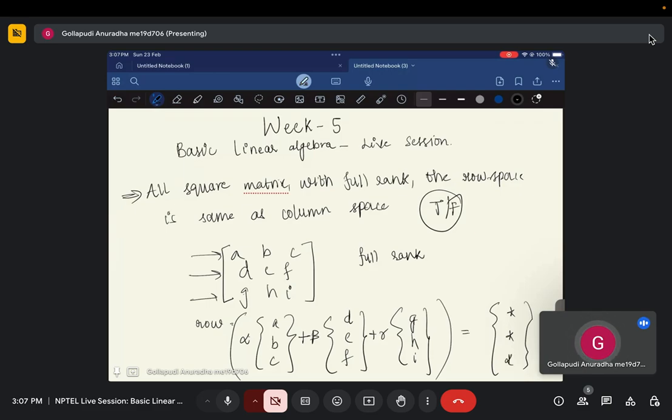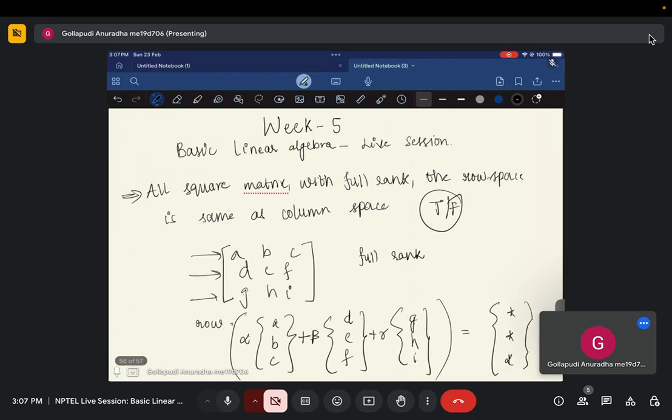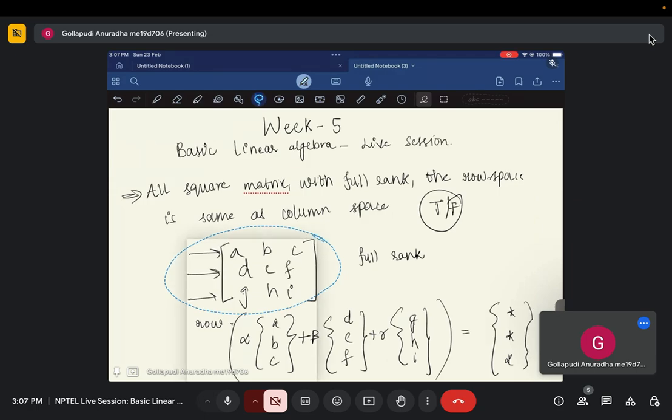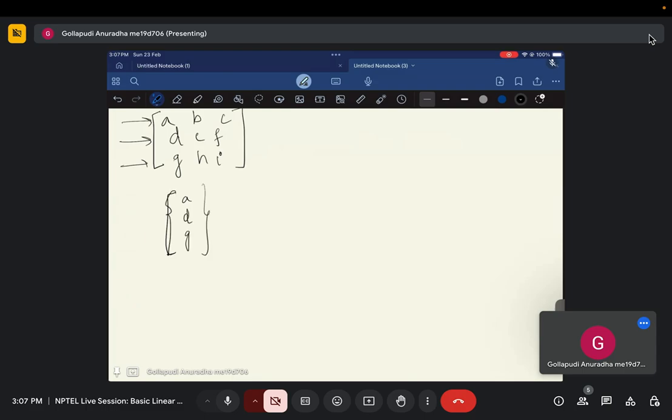For example, the column space here will be as follows.